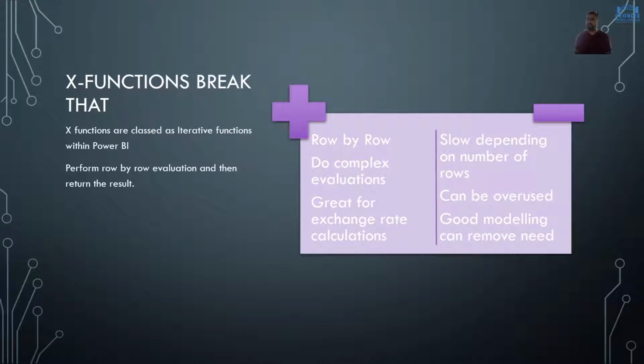An exchange rate is where I've got a value for a sale or something like that, and then I need to do something with an exchange rate. So it's multiplied by 1 point or 0 point something so that you get the adjusted value for whatever your new currency is. SUMX is really great because it will do that for you.